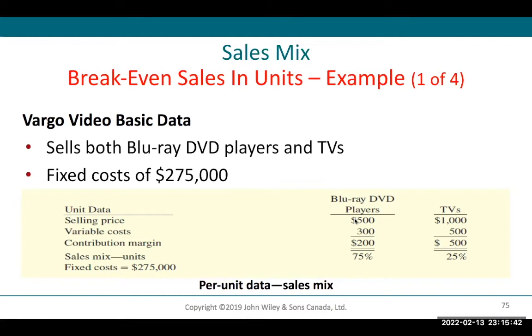So for DVDs, the sales mix percentage will be 1,000 divided by the total 1,200. And for TVs, it will be 200 divided by the total 1,200. That's where you're going to get the sales mix percentage. Okay? Because we're calculating the break-even sales in units, we're going to be calculating the sales mix percentage from the units that you sold.